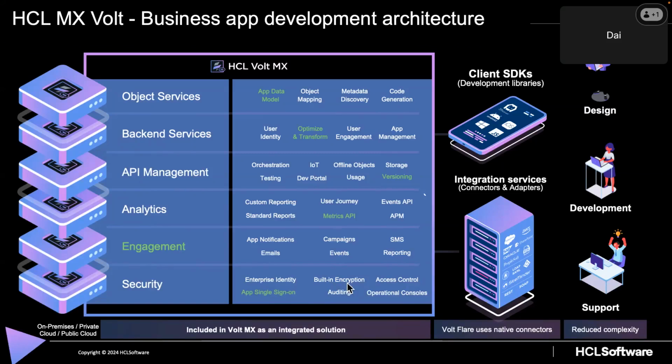Okay, next screen. In this slide, I want to point out some of the more important features of each one of the services. For example, in the object service, the ability to connect to backend storage databases. App data model is very important. App data model allows you to map the input params of your service to the backend.